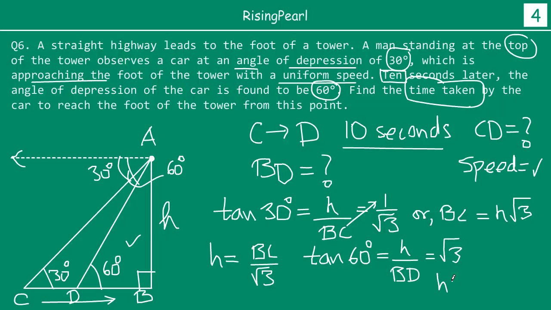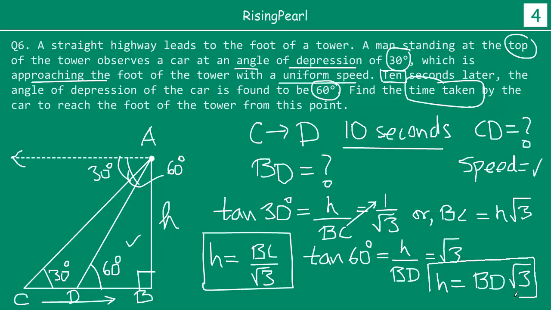So what we have is h is equal to BD times square root 3. So we have h is equal to BC divided by square root 3, and we have h, which is the same height, equal to BD times square root 3.